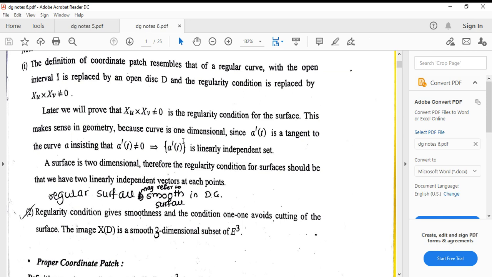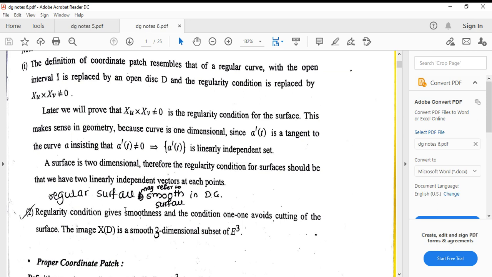But here we have two dimensions. The domain for our x is the 2D plane, that is, any subset of the 2D plane. Hence we use the condition Xu cross Xv not equal to 0.